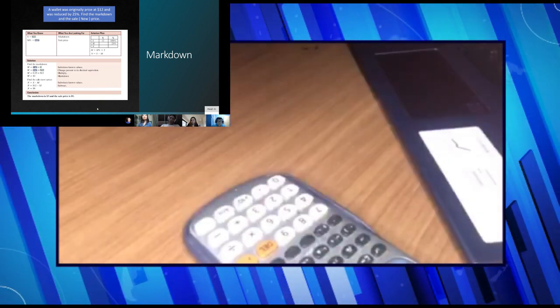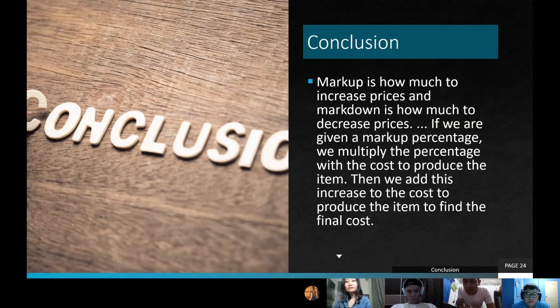For the conclusion, markup is how much to increase the price and markdown is how much to decrease the price. If we are given a markup percentage, we multiply the percentage by the cost to produce the item.